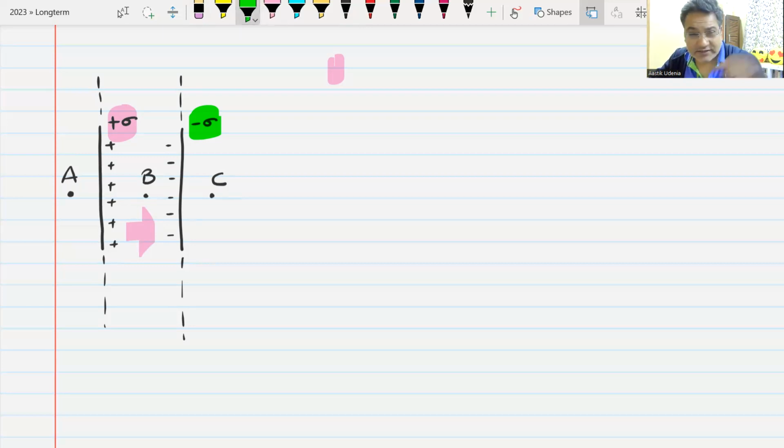And due to the green charge, it is towards the plate, so it will be going like this. So both of the fields are going to get added up.